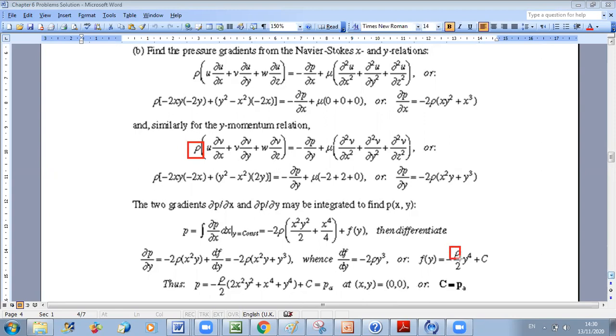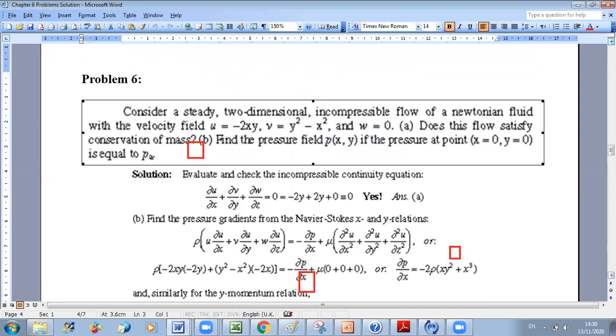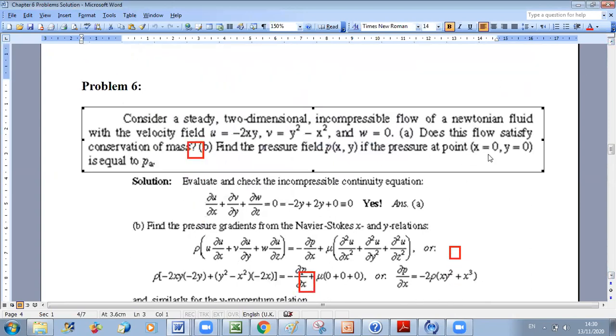Okay, so now the final step is what? The final step is to get the constant. To get the constant, I need a boundary condition. If I go back to the given, they told me that at point x equals 0, y equals 0, the pressure is equal to PA. Okay, so all I have to do now is to replace x equals 0, y equals 0, P equals PA, and I get my constant.